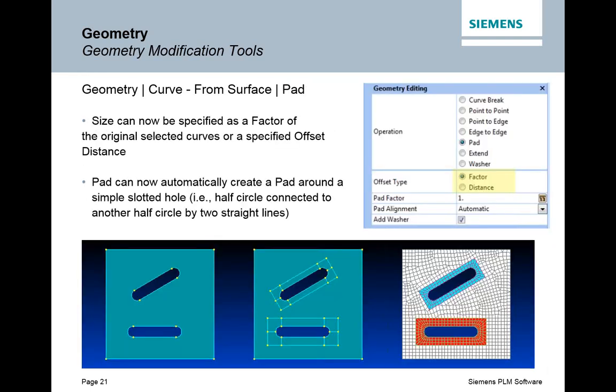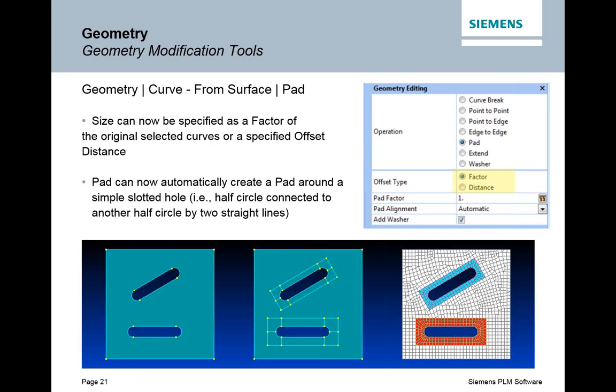Now you can define, like, creating pads and washers using factor or distance for either. So that will help you get the right size of the pad or washer using either one of those offsets.